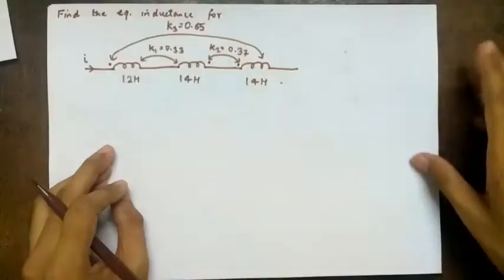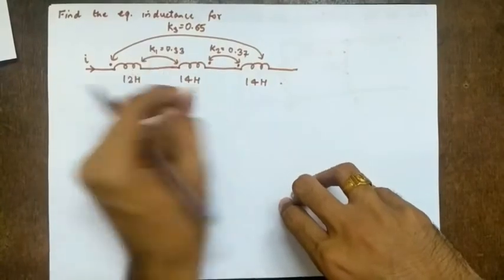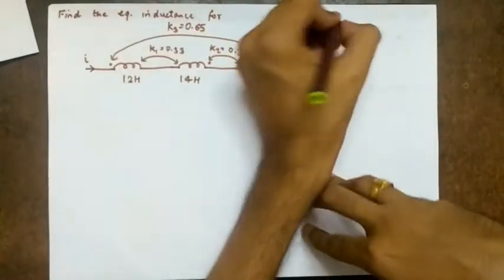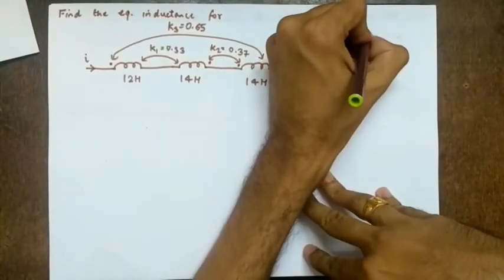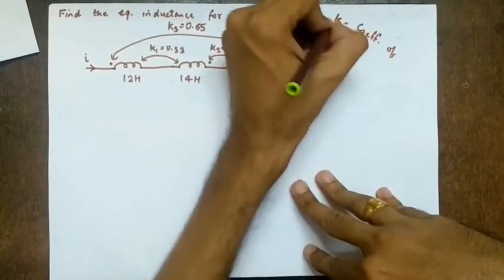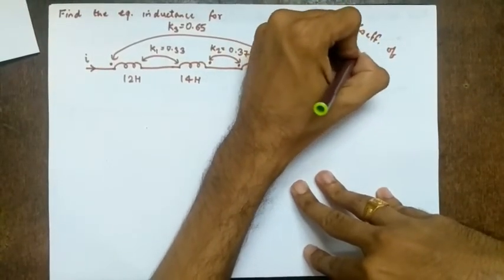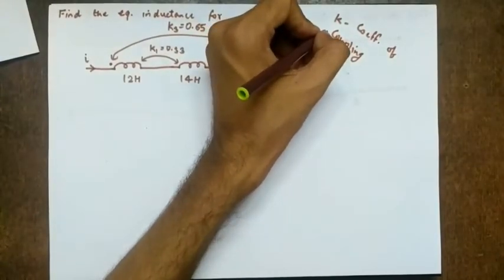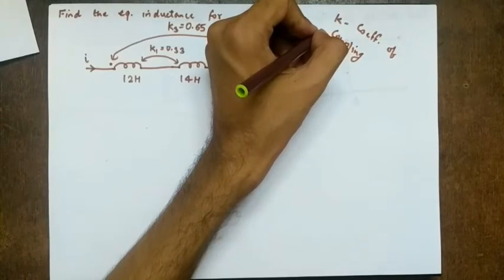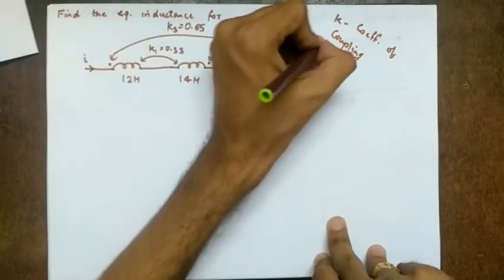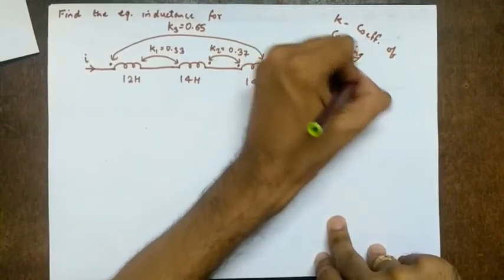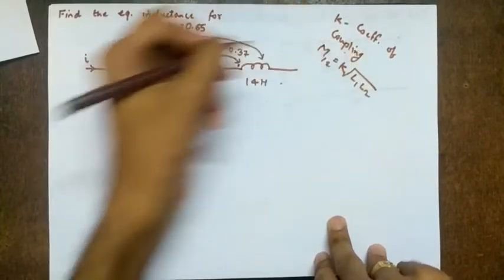So now find the equivalent inductance for this. What is the difference here? Instead of directly the inductance, they have given the value of K. K is nothing but the coefficient of coupling, and it is given as: for a mutual inductance M between, let's say, 1 and 2, M equals K root L1 L2.